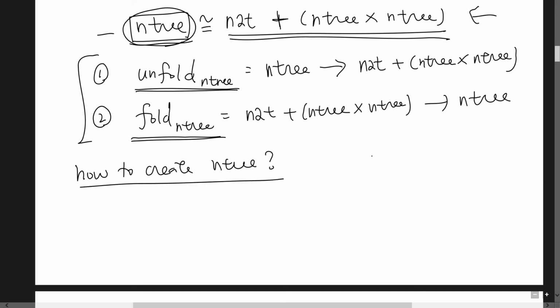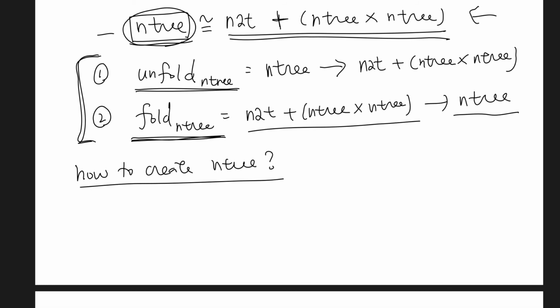If you read the specification of these two functions, you can create this natural number 3 by creating a value of this type and then applying this fold function.